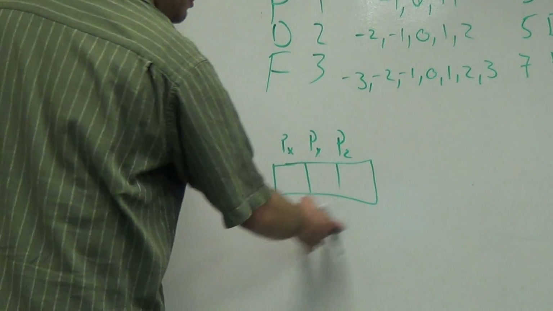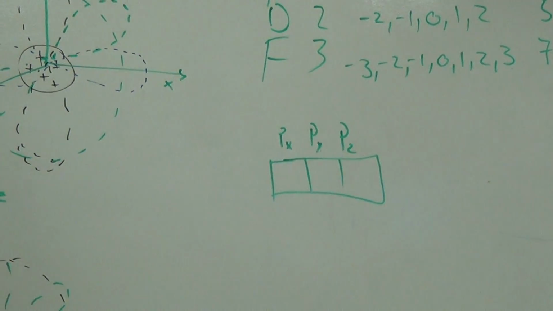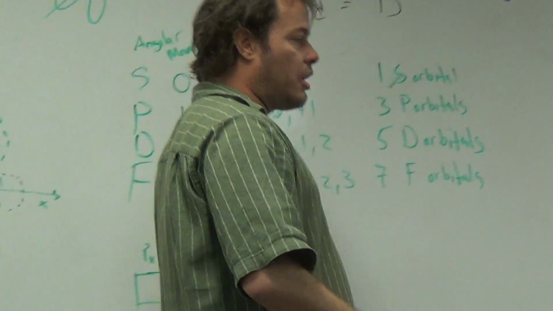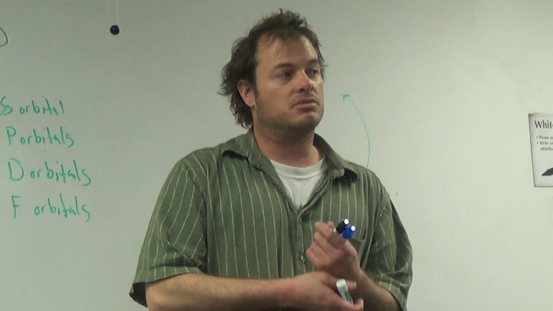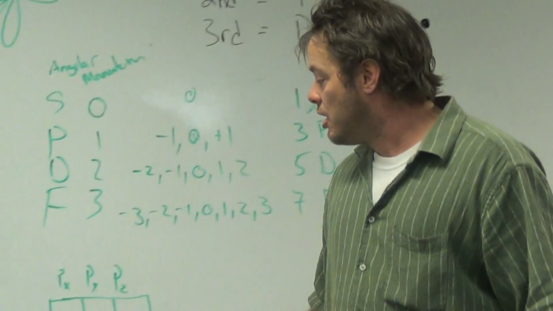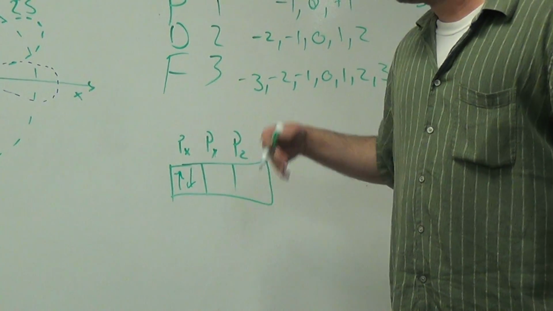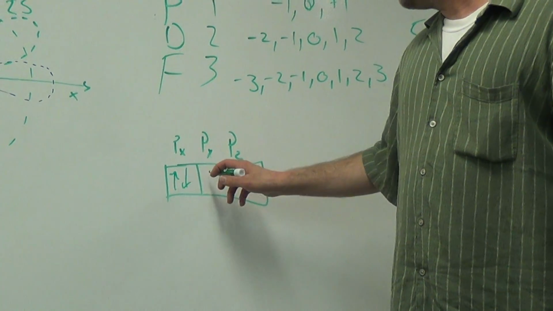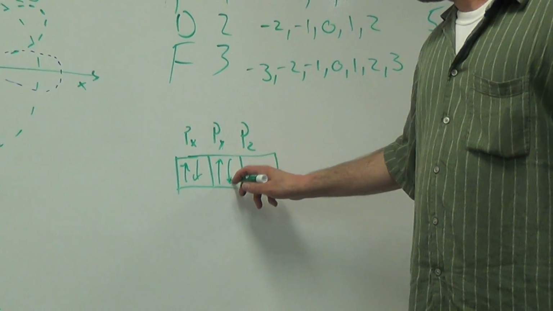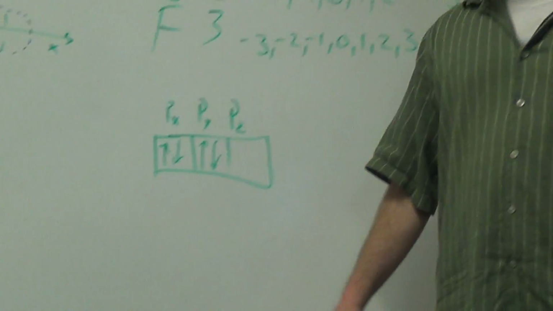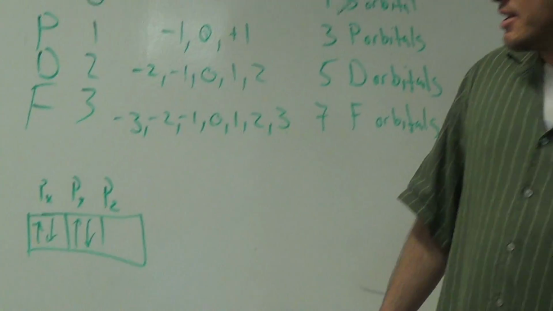Let's say we've got 4 electrons that we need to stick in these orbitals. The question is, in what sequence do we add these electrons to the orbitals? Well, we can't, but I'm going to say we could draw it as 2 electrons being placed in the px, 2 electrons in the py, and 0 electrons in the pz.